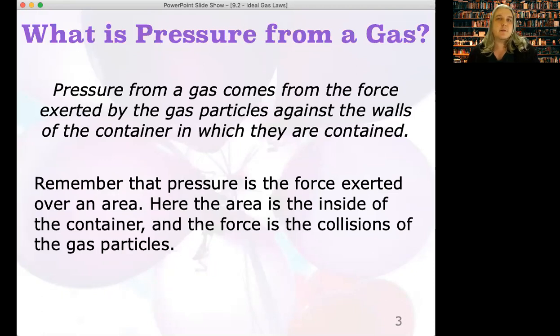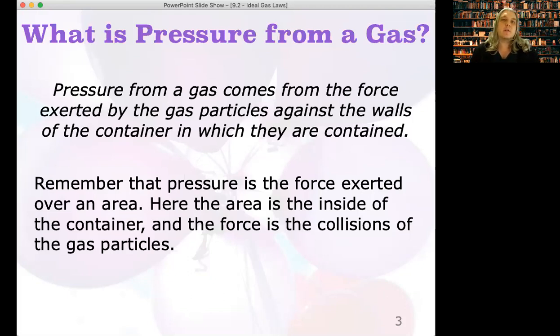Pressure is simply the force of all the collisions from all those little gas particles inside the container hitting the walls of the container. They hit the wall and bounce back off, and that's a force because there's some area inside the container. All these particles hitting it in a certain amount of time will provide an average force over time, and that force over area is giving us the pressure. So that's all the pressure is.